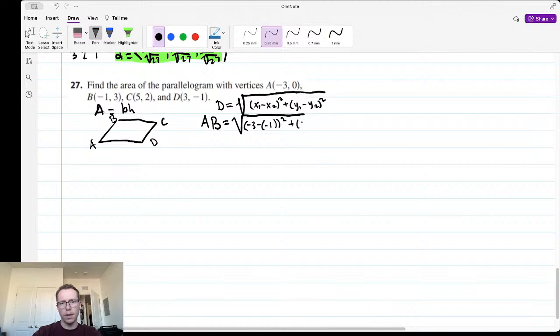So y of A is 0, minus y of B, which is 3. Okay, and so that equals the square root of -2 squared, which is 4, plus -3 squared, which is 9. So that's the square root of 13.